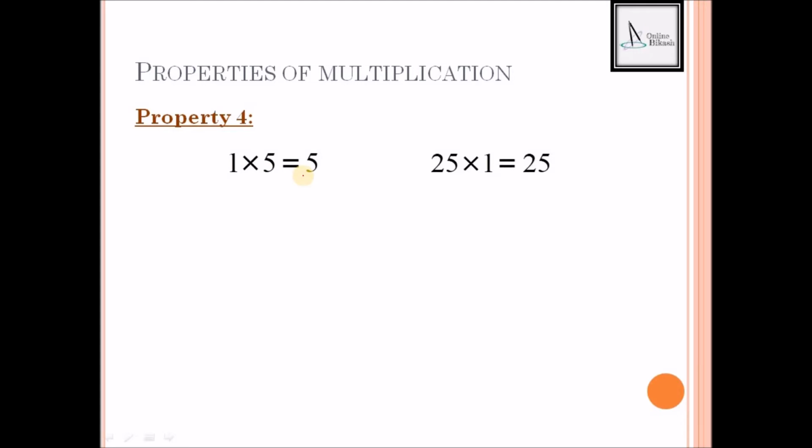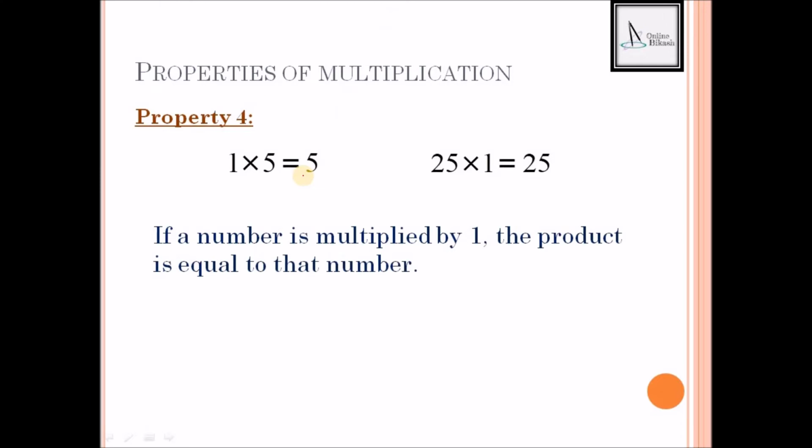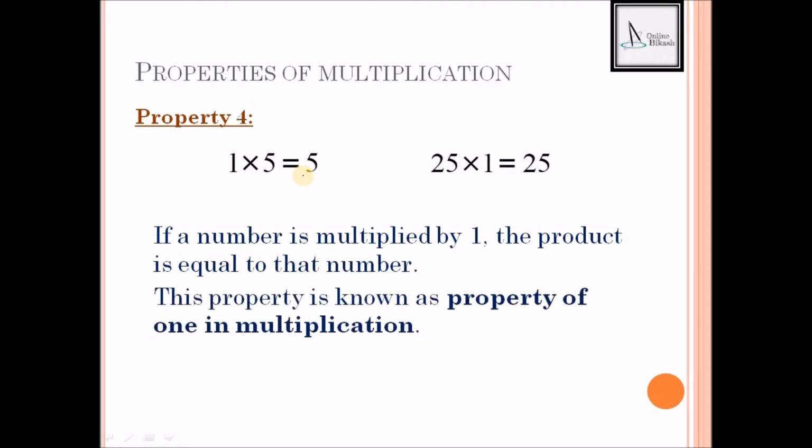If you multiply 1 with 25, your result is 25. If you multiply 1 with 5, your result is 5. If you multiply 1 with 100, your result is 100. If you multiply 1 with 500, your answer is 500. So if a number is multiplied by 1, the product is equal to that number. And this property is known as the property of 1 in multiplication. Hope you have understood it well.